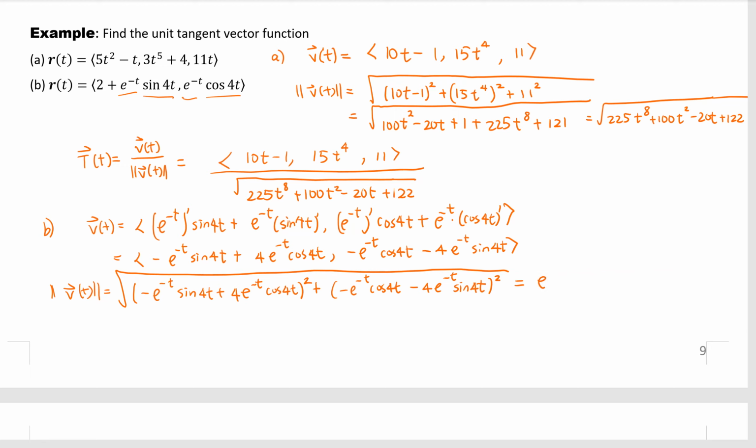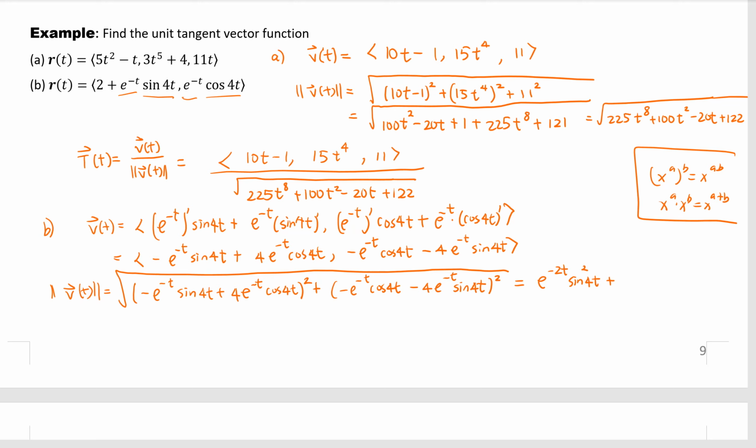So the first guy, square it. Negative 1 cancels, but e to the minus t squared is e to the minus 2t, right? x to the a to the b is x to the ab. x to the a times x to the b is x to the a plus b. So keep this in mind. Then we have sine 4t squared, plus 2 times 4.